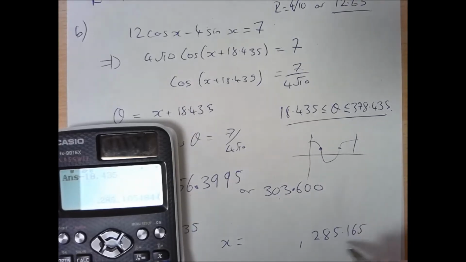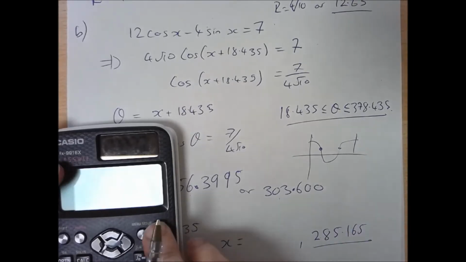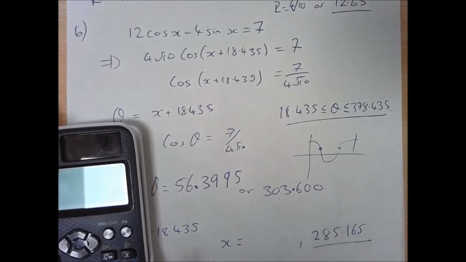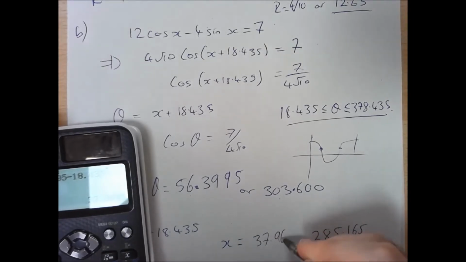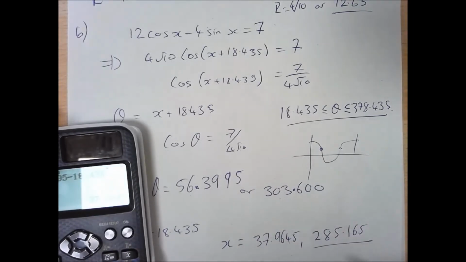We'll round them later. And the first answer is 56.3995, take away 18.435, which gives us 37.9645.